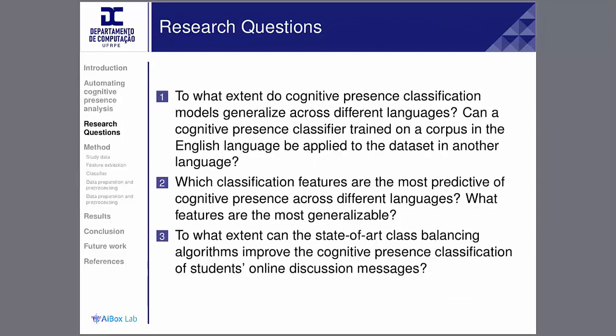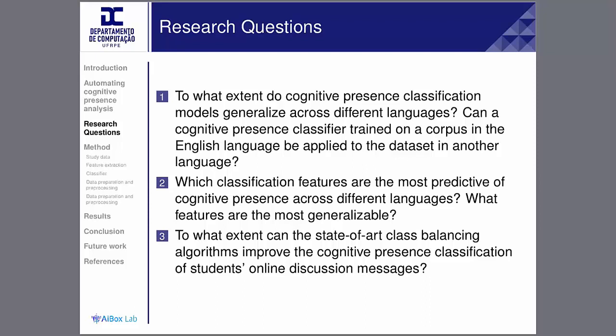So here we have some research questions. The first one is, to what extent do cognitive presence classification models generalize across different languages? Can a cognitive presence classifier trained on a corpus in the English language be applied to a data set in another language?